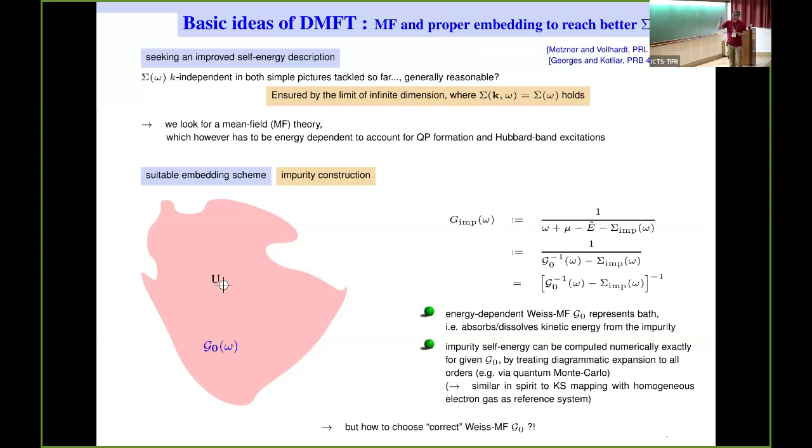That we map the problem to an auxiliary problem, which gives us enough freedom to find a good solution, so to say. Now, by this writing and this definition, the problem is exactly defined, so we can solve that problem exactly. Yeah? It's a full many-body problem, so we would have to solve the full many-body problem of electrons interacting here in time and hopping to the bath and coming back and all that.